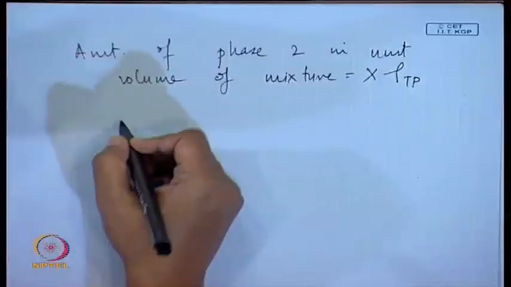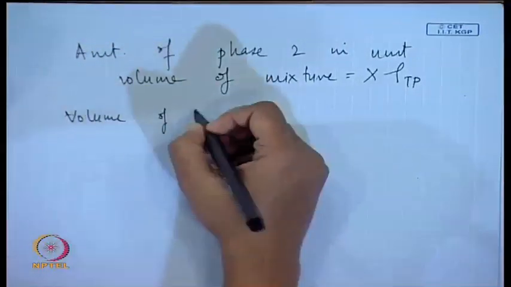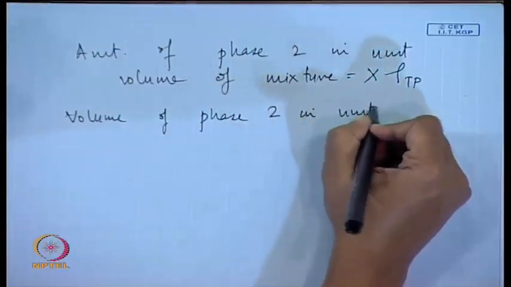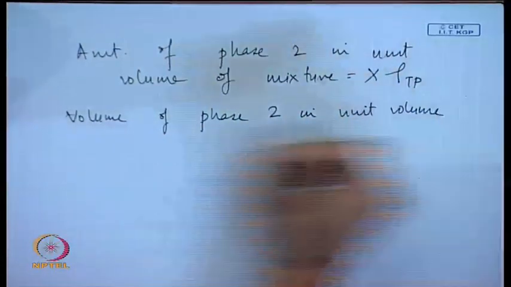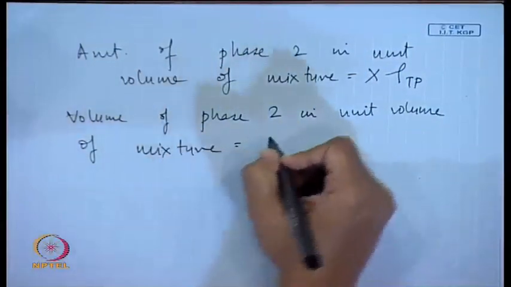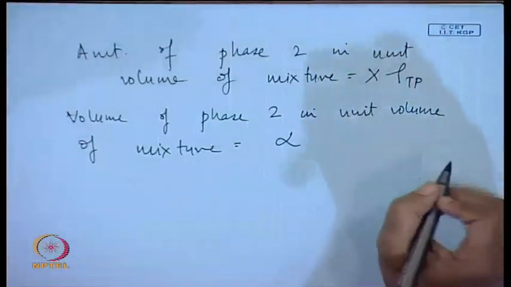X is mass fraction, alpha is volume fraction. Agreed? So, the volume of phase 2 in unit volume of mixture is equal to alpha cc or liter, whatever it is.